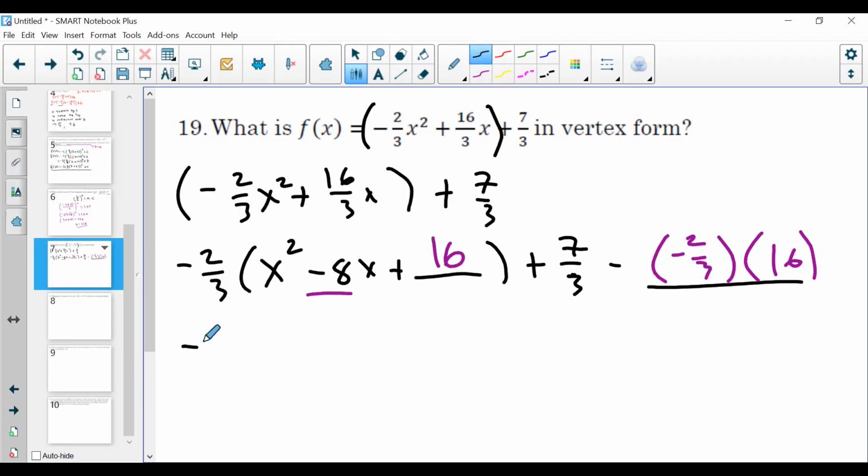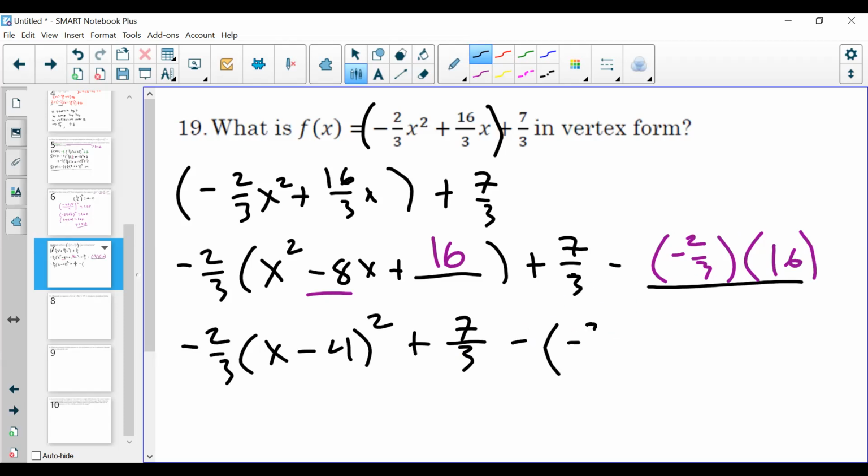So what I get is negative 2 over 3. This factors out to x plus b divided by 2. My b is negative 8, so we divide it by 2, you get negative 4, all squared. And then I have 7 over 3, and I'm going to subtract negative 2/3 times 16, which is negative 32 over 3.